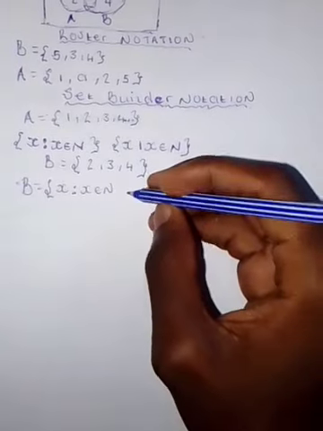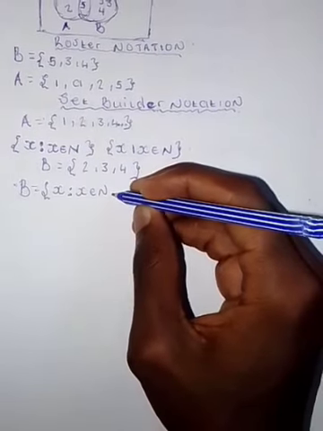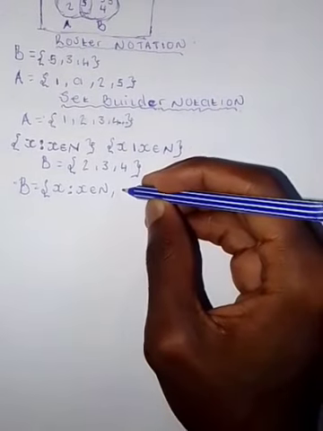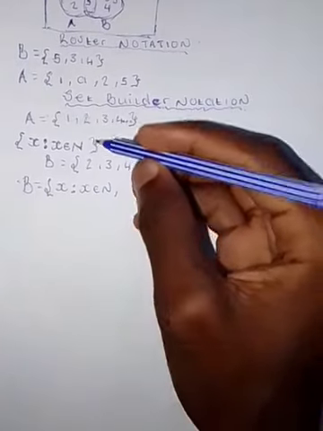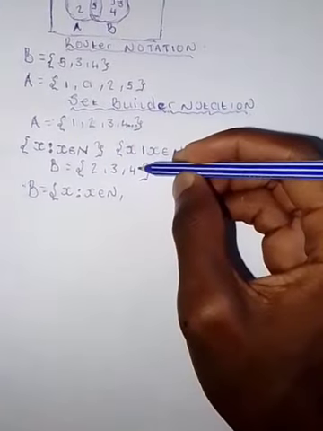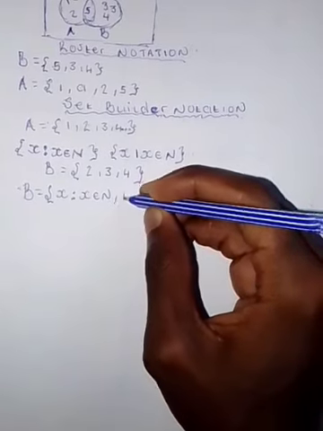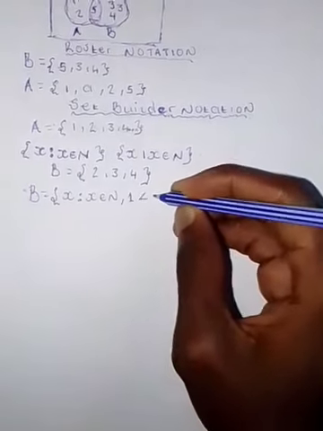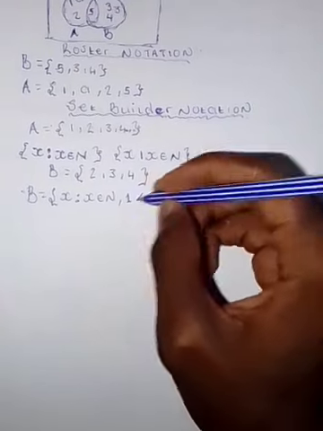And then you are now going to put a comma here, then you put a condition. What's the condition? They are between 1 and 5, right? So you can say 1 less than x less than 5.